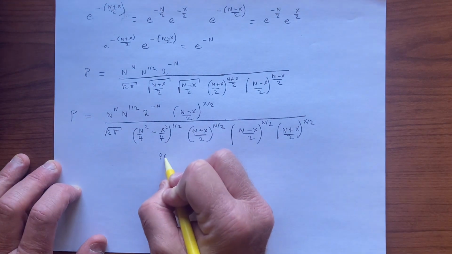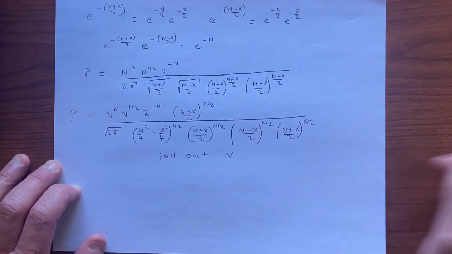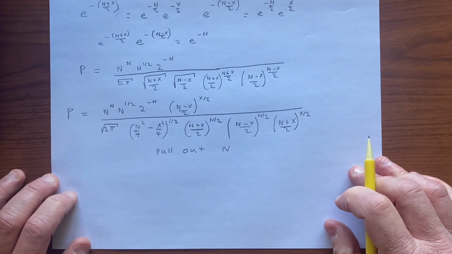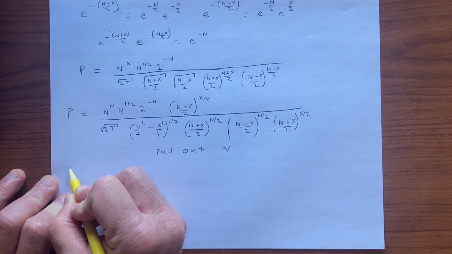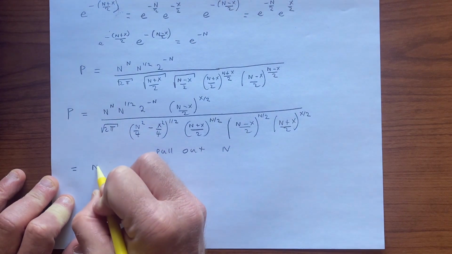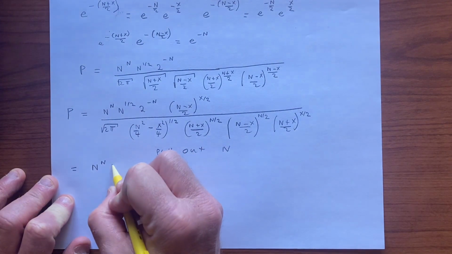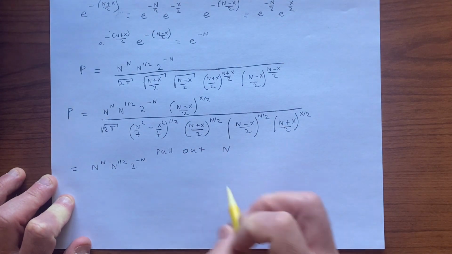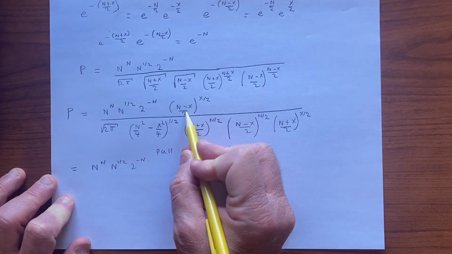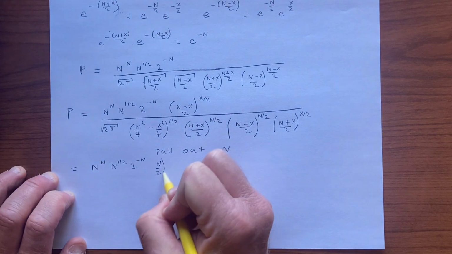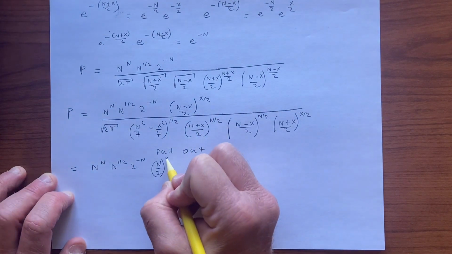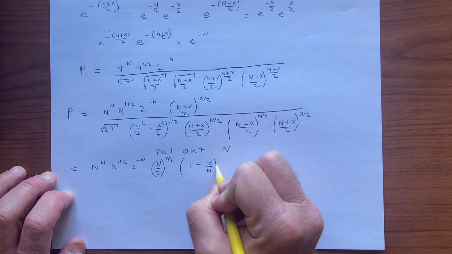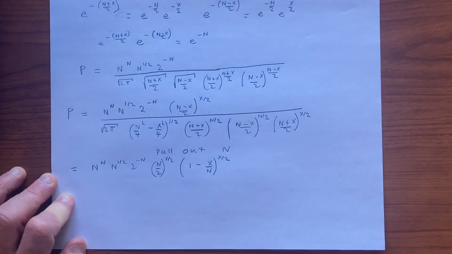So let's think about this. Let's pull out an n, and this gives us n to the n, n to the 1/2, 2 to the minus n, (n over 2) to the x/2, and what's left there is (1 minus x over n) to the x/2.